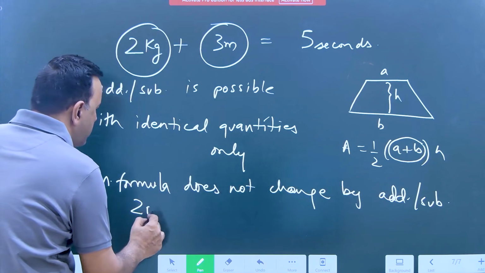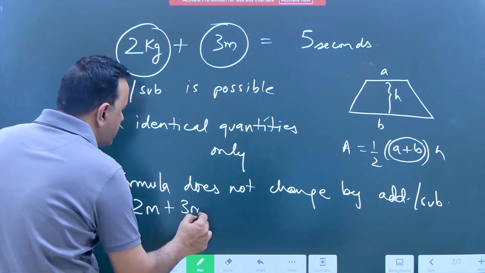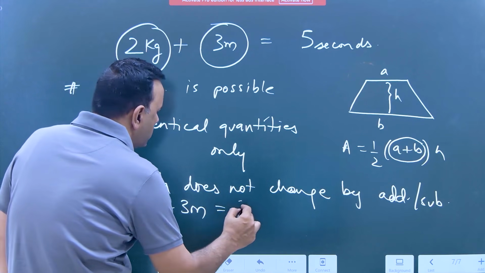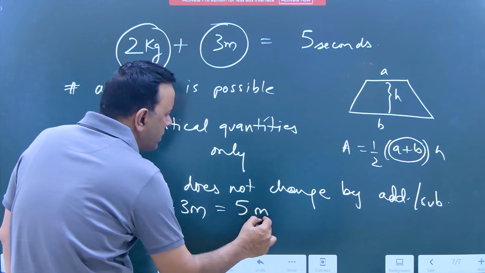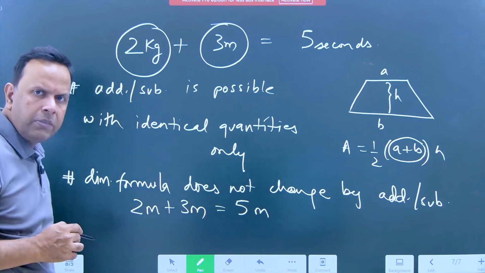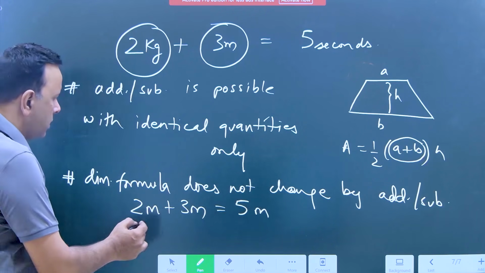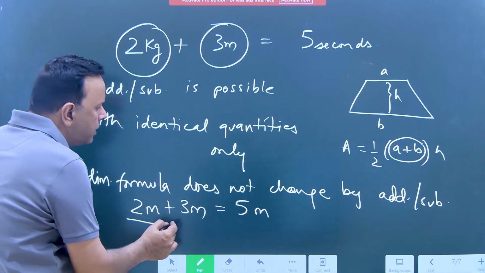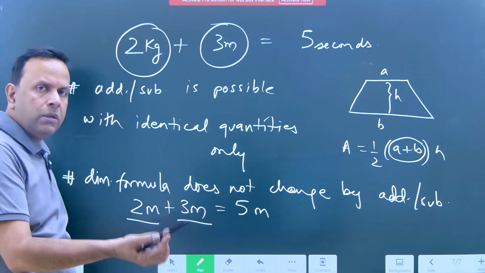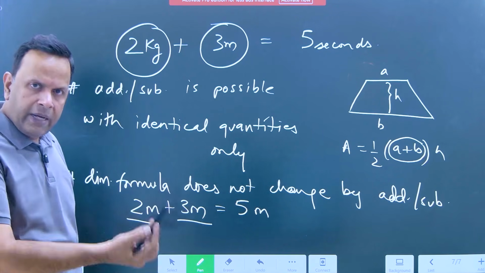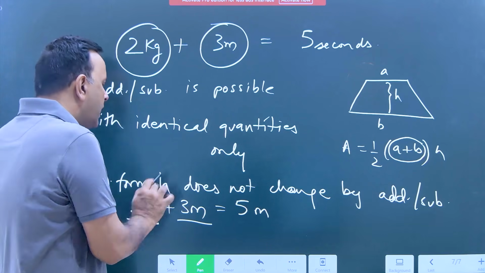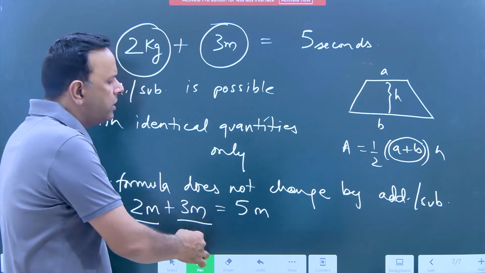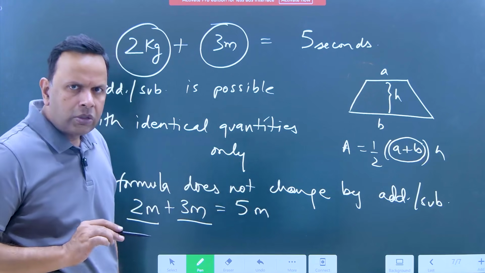If I say 2 meter plus 3 meter, isn't it necessary that the answer should also come in meter? Right. So I could add 2 meter with 3 meter because both had the same dimensions, and even after addition the dimensions don't change.